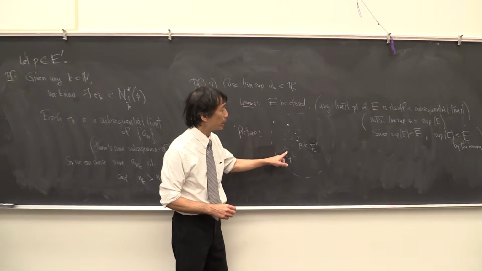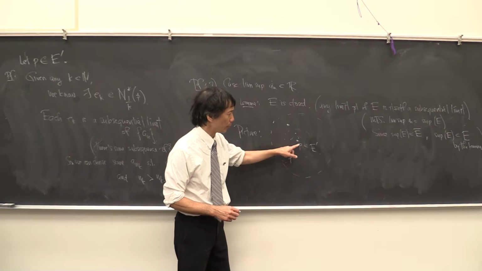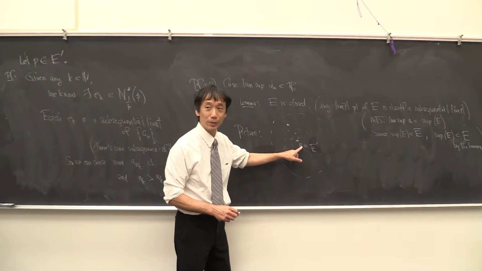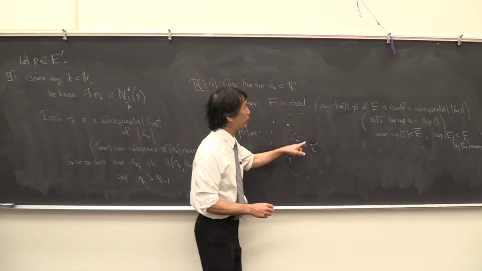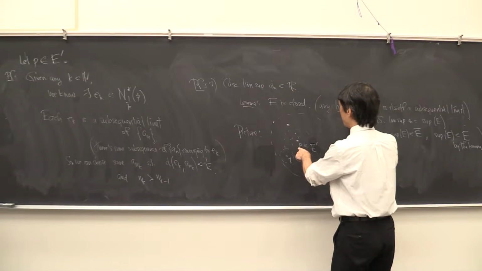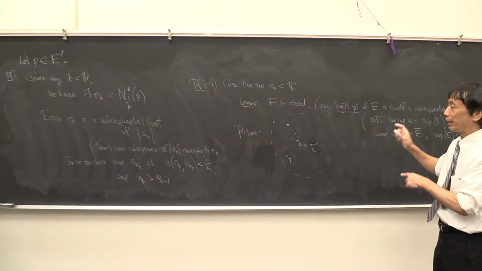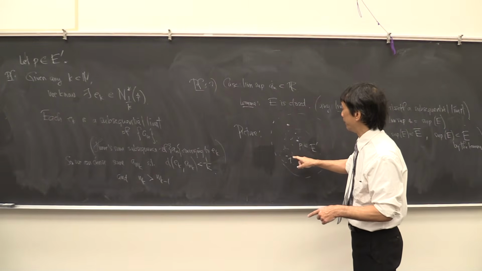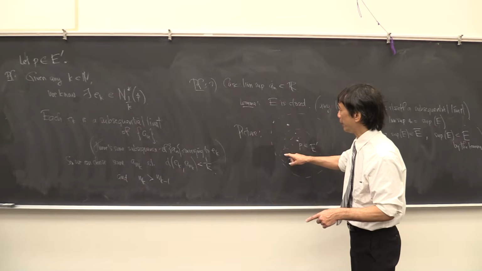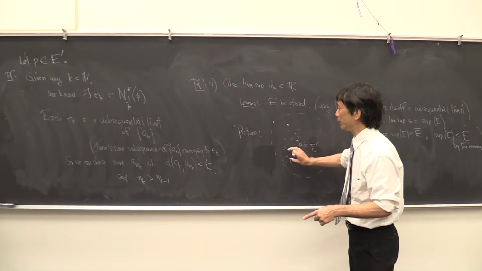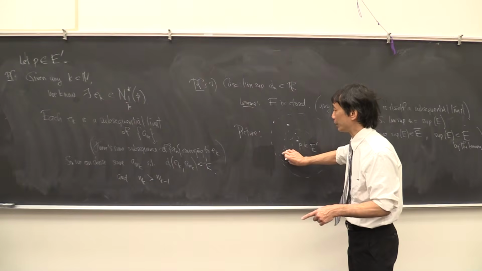Yep. But we need to remember we need to construct a subsequence that converges to P. We're trying to show that this P is itself a subsequential limit. That would give us a subsequence, and past a certain point, all elements of that subsequence would go into here.